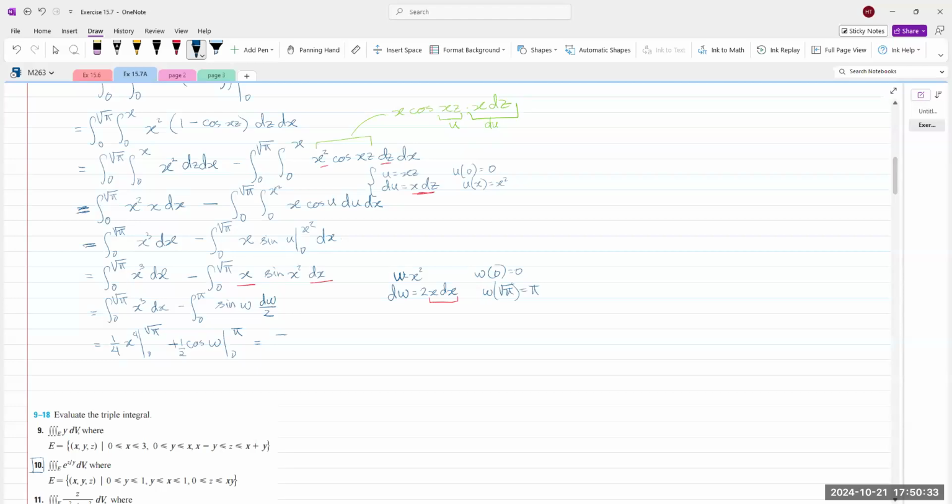Okay, so that will be pi squared over 4 plus 1/2 times (-1 minus 1). It's -2, so it becomes -1/2. So pi squared over 4 minus 1. Okay.